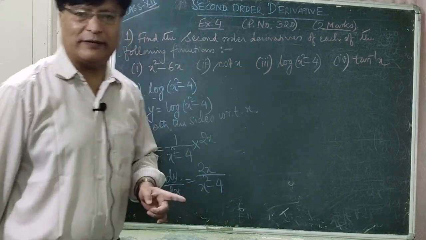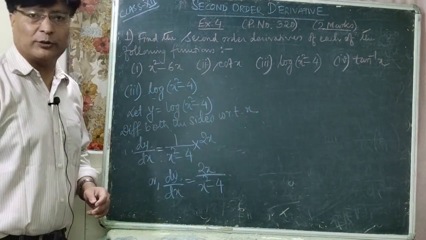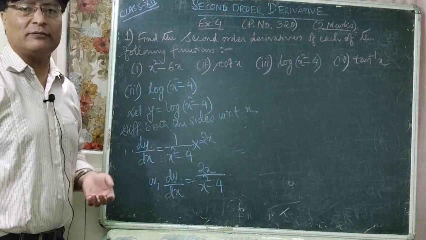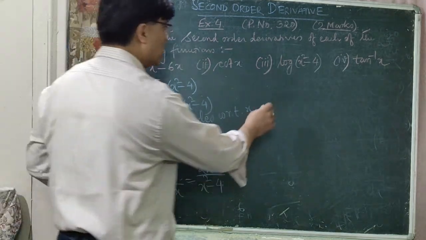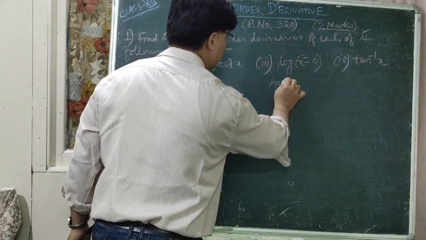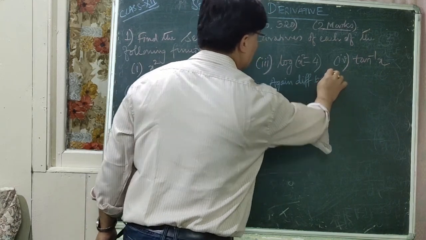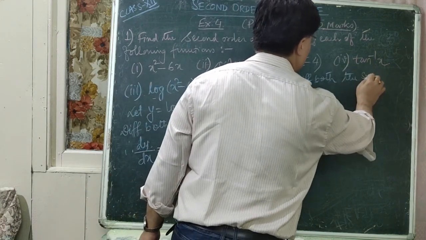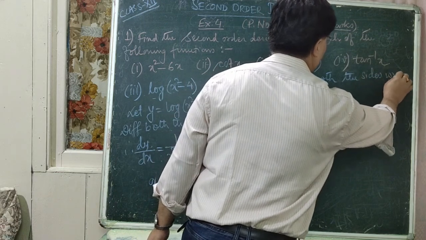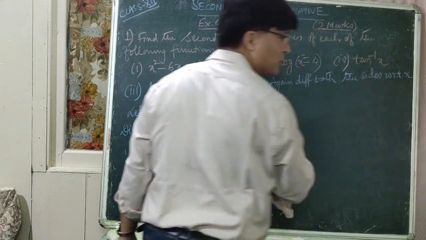the second order derivative. This is the first order derivative, dy by dx, and again we do differentiation. So again differentiating both the sides with respect to x.